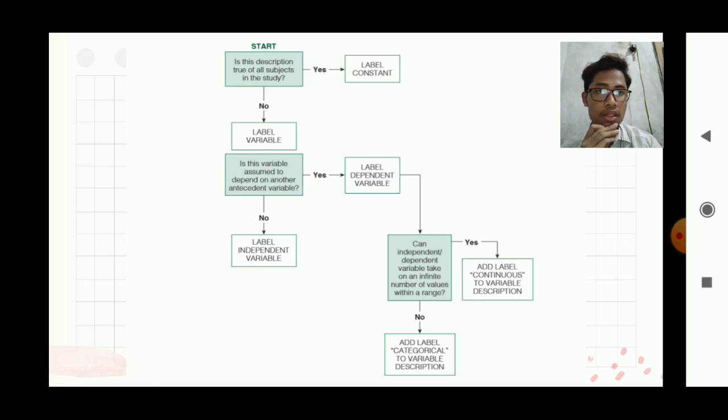If yes, it is a dependent variable. If not, it can be an independent or dependent variable. Does the variable take on an infinite number of values within a range? If yes, add the label continuous to the variable description, and if no, add the label categorical to the variable description.